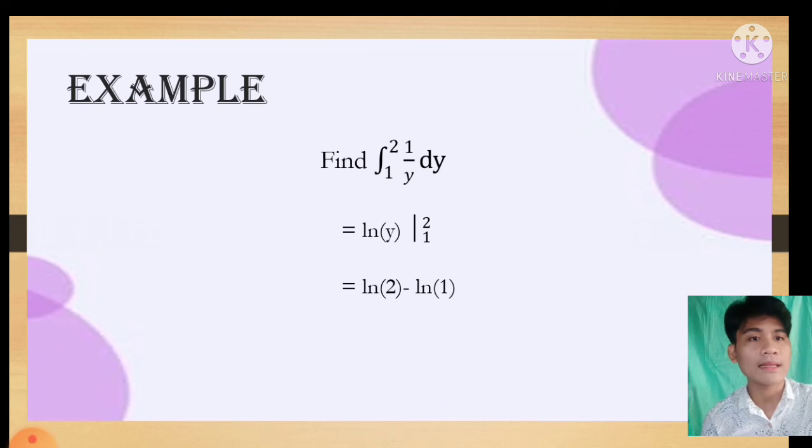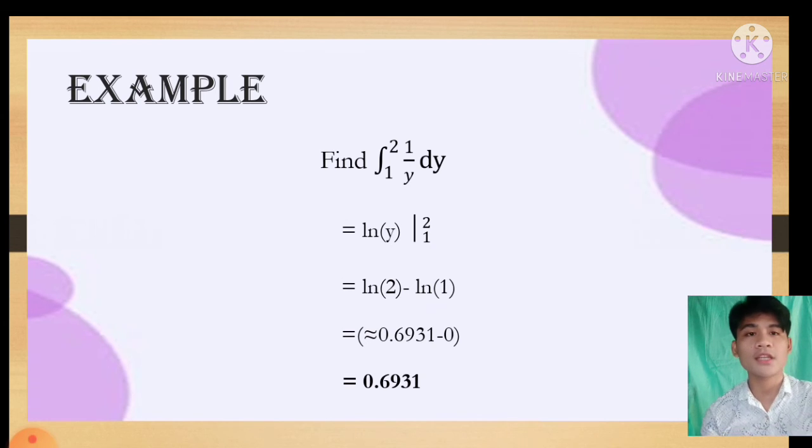We came up with ln 2 minus ln 1, and that gives us the value of approximately 0.6931 minus 0, and that gives us the definite integral of 0.6931 as the definite integral of this given function here in example number 3.